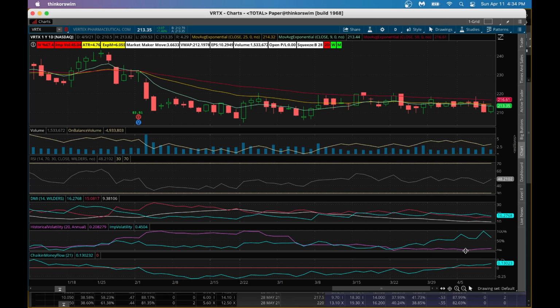At this point, I'm comfortable initiating a put option, selling a put option. Chaikin money flow is telling me money is flowing into this stock. It's going up. Smart money is getting into this stock. So with implied volatility high, RSI low, and the stock showing some signs of progress, RSI ticking up, Chaikin money flow ticking up, and on-balance volume going up.